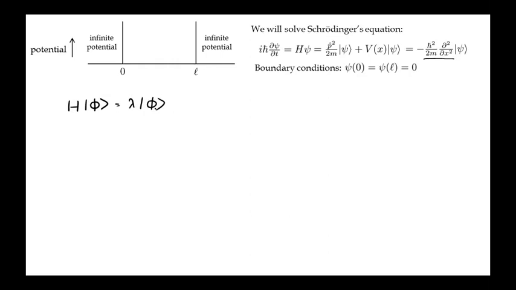And once we find such an eigenstate, then we know that if psi at time 0 equals phi, then psi at time t is e to the minus i lambda t by h bar phi.